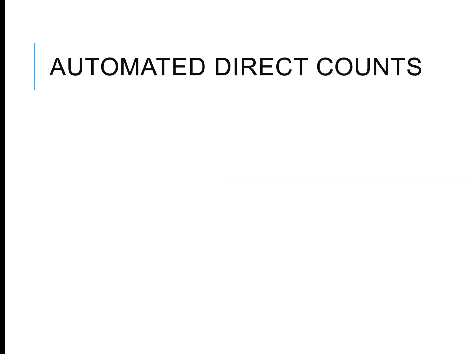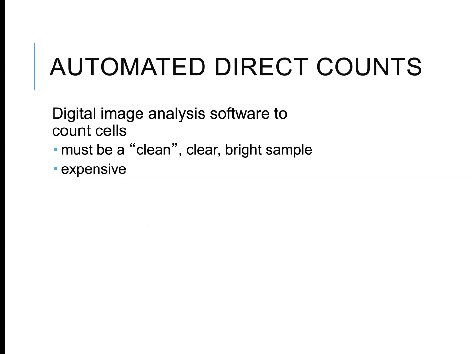All right, so another way to get around this is to automate the counting. There are digital counting programs, so you can purchase image analysis software, which will count all those lit cells, particularly if you use fluorescence microscopy like we talked about, but you need a clean sample.